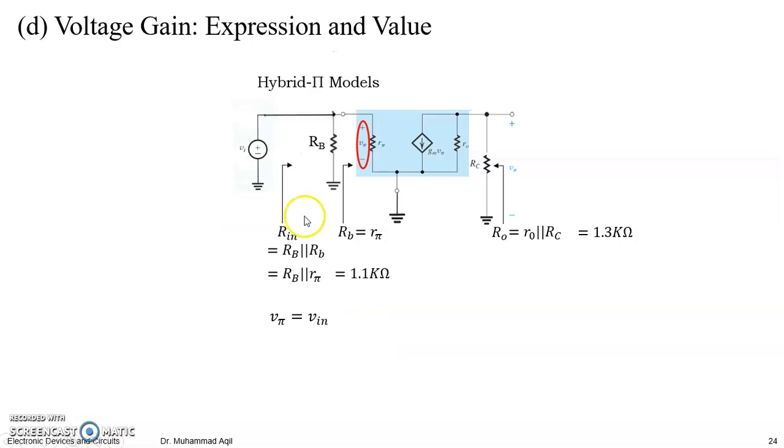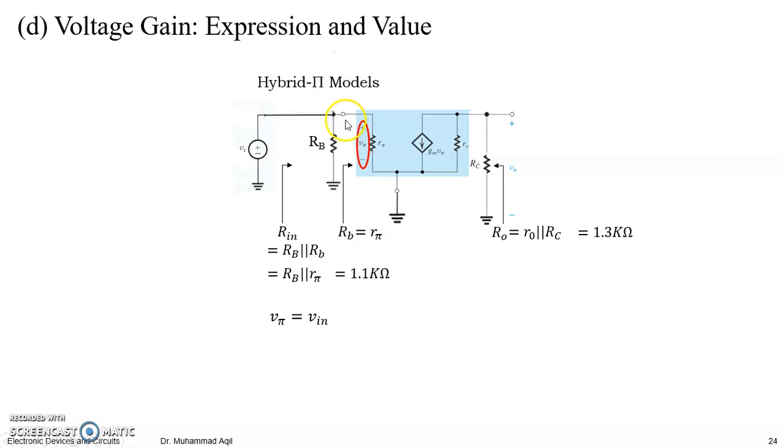That's why this whole voltage source is in parallel with RB and in parallel with R pi. So your V pi is equal to Vi. Otherwise, if you had an R signal here in series with the source, then part of this voltage would develop across R signal and would not develop across here, right?